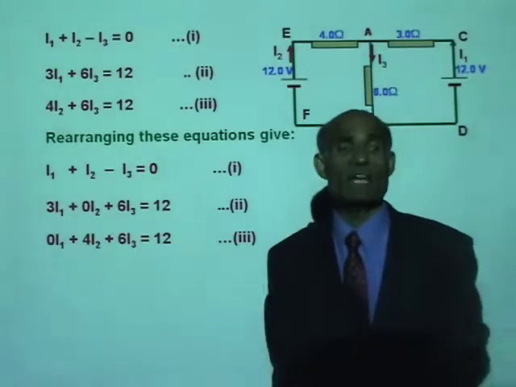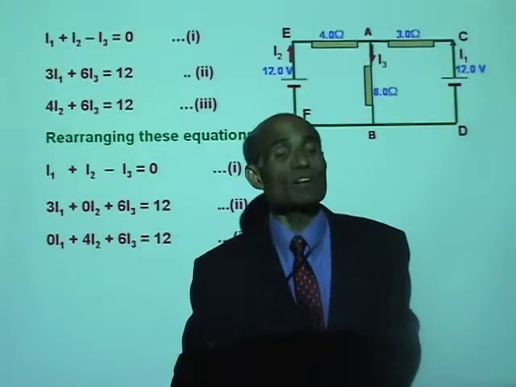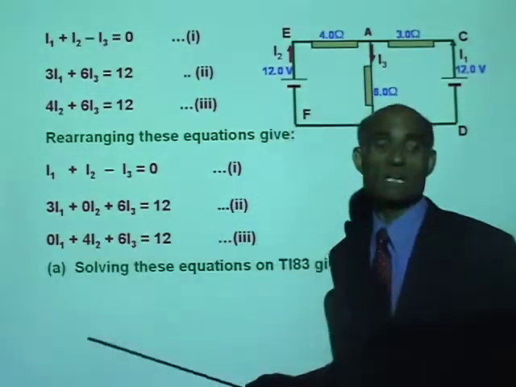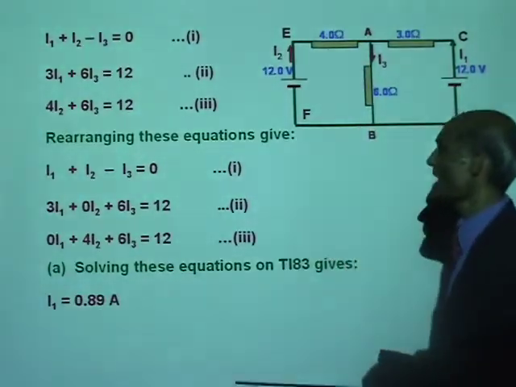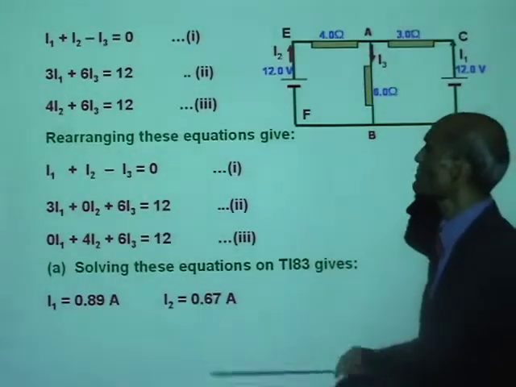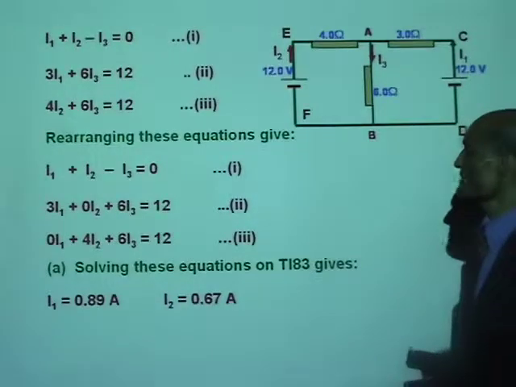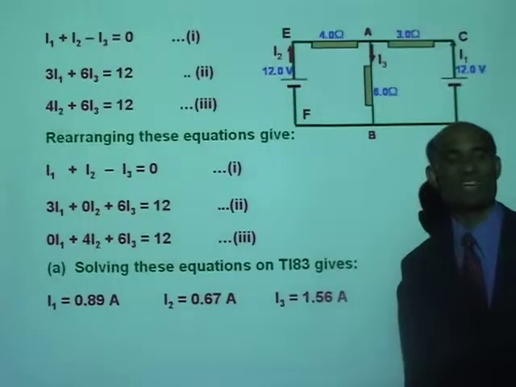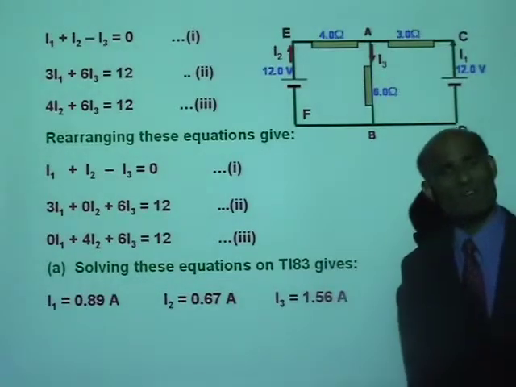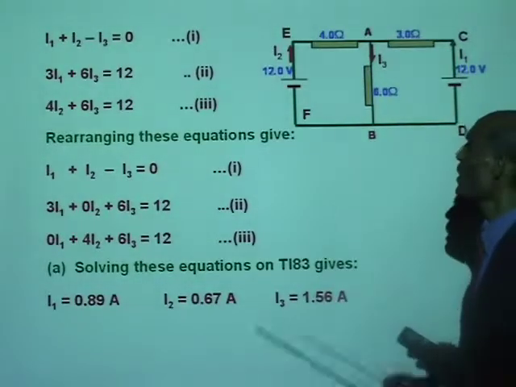And then calculate A inverse multiplied by B. And you will get I1 equal to 0.89 ampere, I2 equal to 0.67 ampere, I3 equal to 1.56 ampere. And that is a very, very neat way to solve problems.